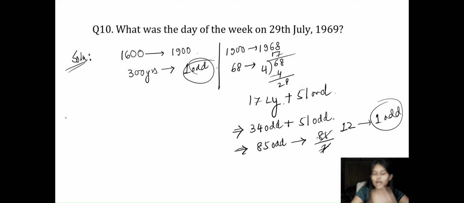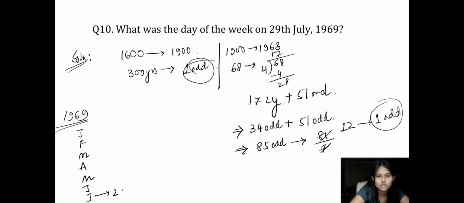Now what I'm calculating is on the year of 1969. January, February, March, April, May, June, July. July I have 29 told. January is usual 3. February there is not a leap year, so 0. March is 3. April is 2. May is again 3.